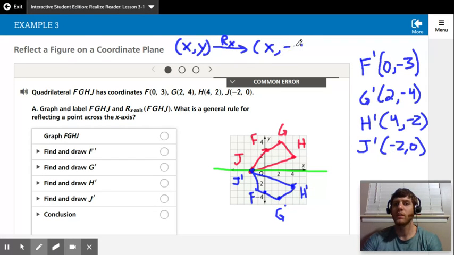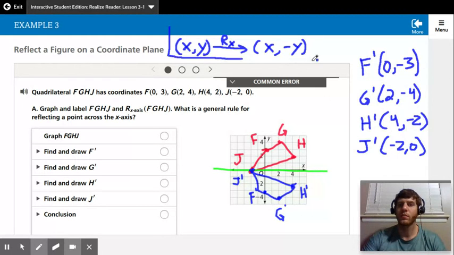But then we're changing the sign on the y value. So 3 became negative 3, 4 became negative 4, positive 2 became negative 2. 0, right, which doesn't have a sign, is like negative 0, which is still going to be 0. So that would be your general rule here for reflecting over the x-axis.